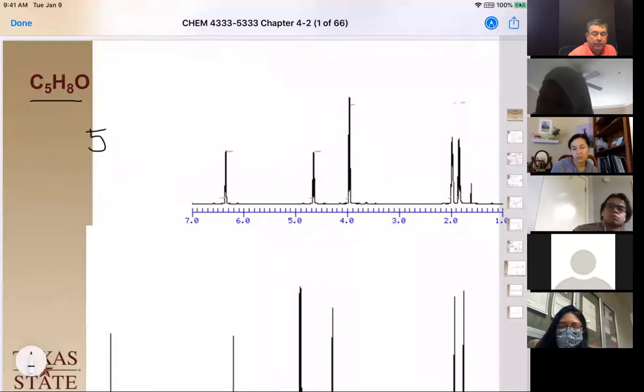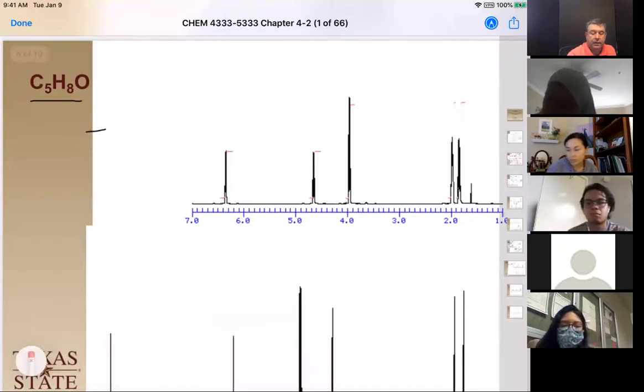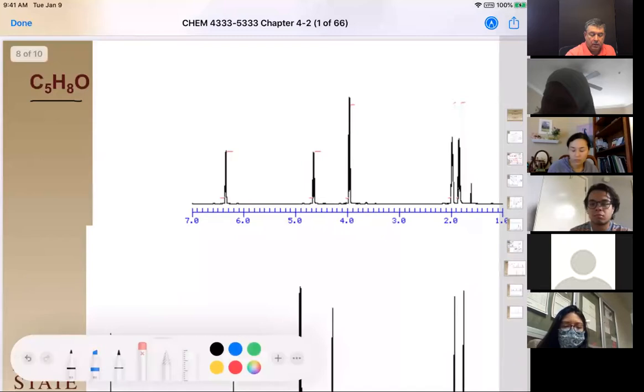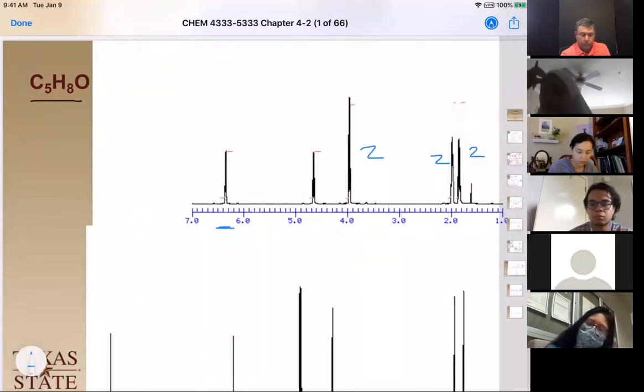So we have 5 minus 4 plus 1 is equal to 0. So that gives us that. We have something way up here. And we have a total of 8 hydrogens. So it looks like maybe 2, 2, 2, 1, 1.